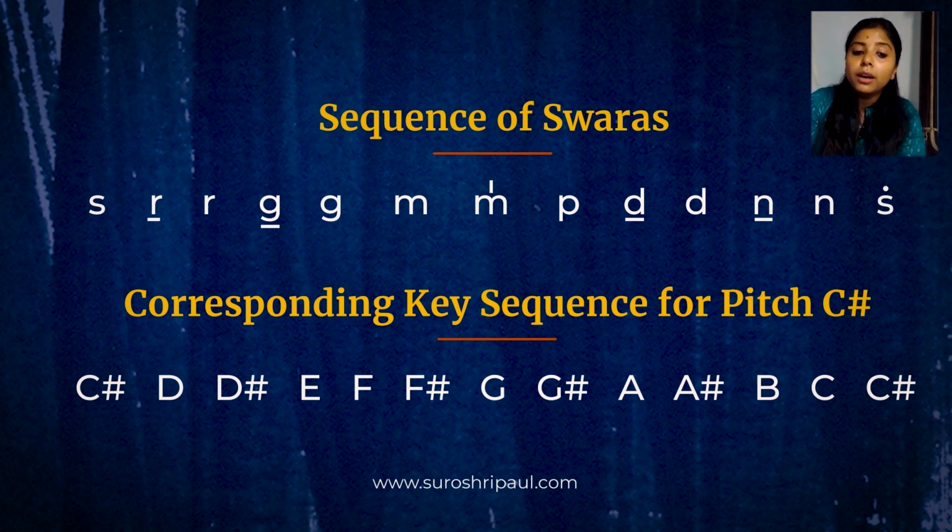Similarly, my Ga will be F. Between Shuddh Ga and Ma there is no gap, so F sharp is Ma. Then G is Tivra Ma, so we don't play that. Pa will be G sharp. Then A sharp will be Dha. Then C will be my Shuddh Ni. And Sa again will be C sharp.